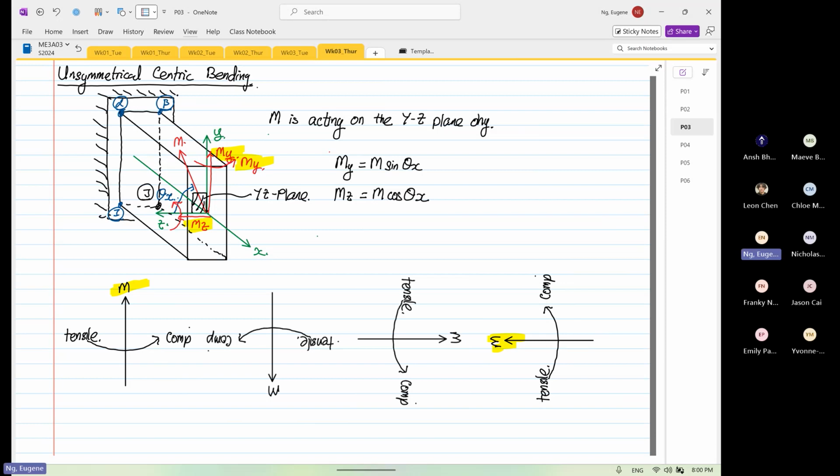So now you can more or less recognize what is compression and what is tension. This is by visualizing using the moment vector. If not, you have to remember where the center of curvature is, and whether it is Y positive, Y negative. It gets too confusing. So use this, it's so much easier. I've done a lot of calculation based on this. It's so easy to do.